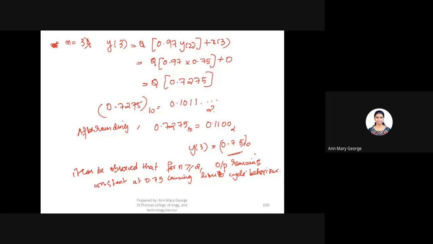And the limit cycle can be found out using the given equation. Since there exists a limit cycle, there is also a dead band.